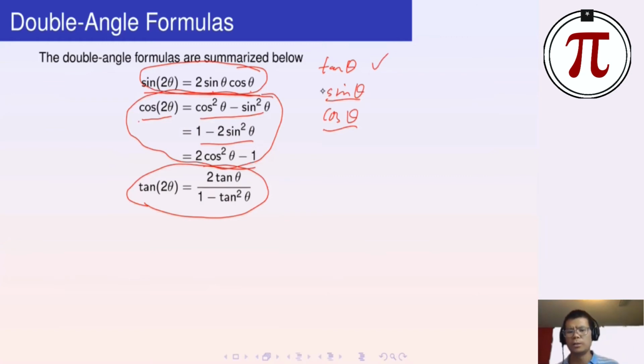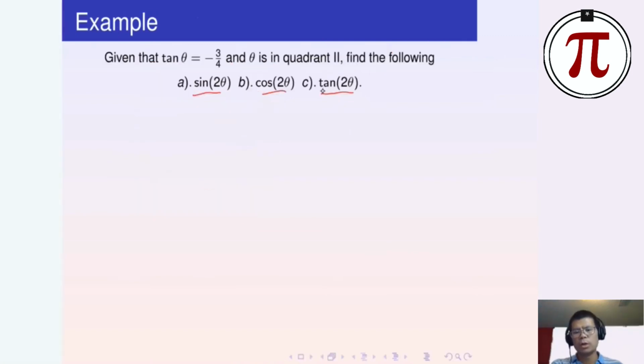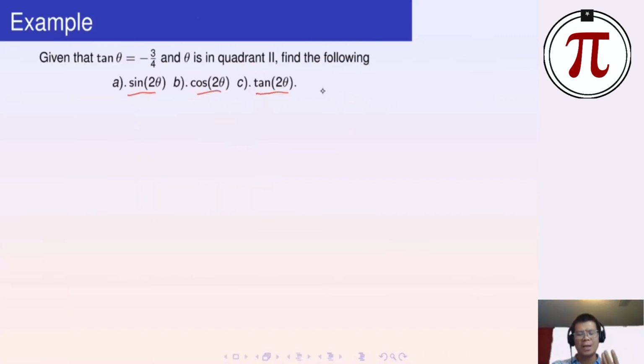We do not have those; we only know tangent theta is -3/4 and theta is in quadrant 2. Now, how can we find the sine and cosine?